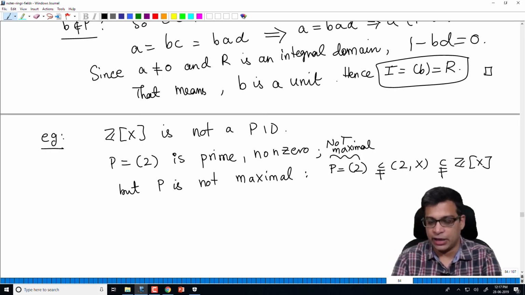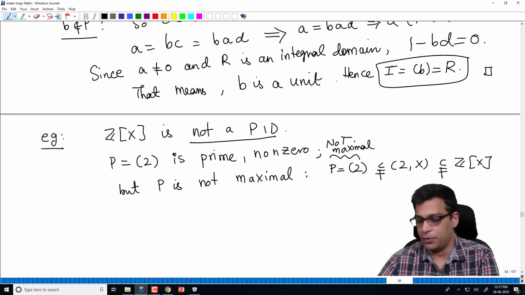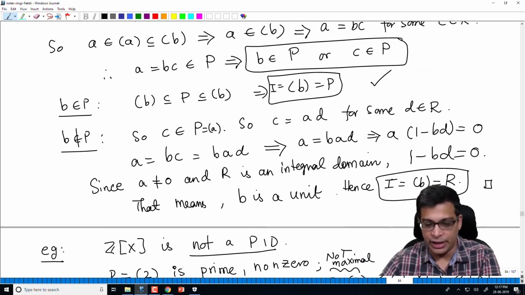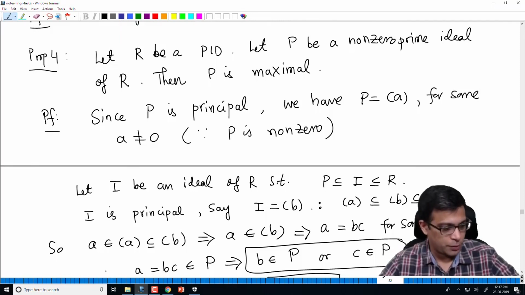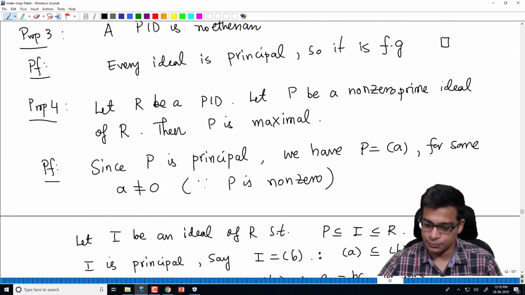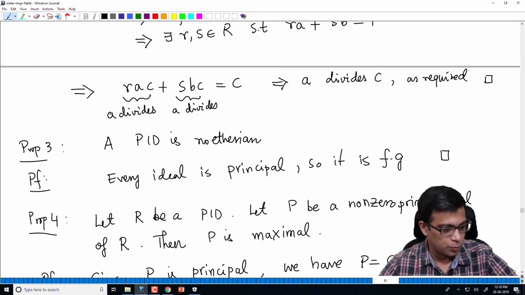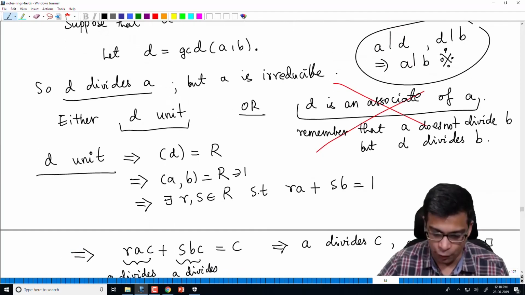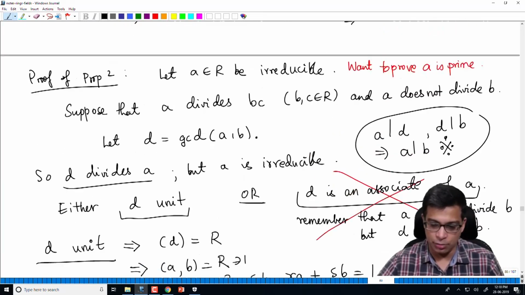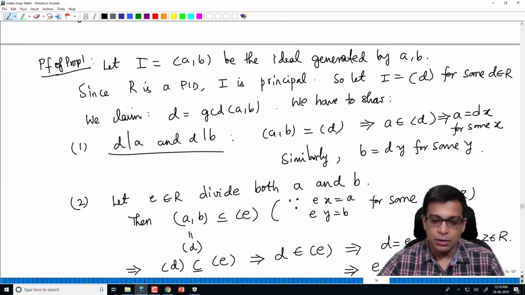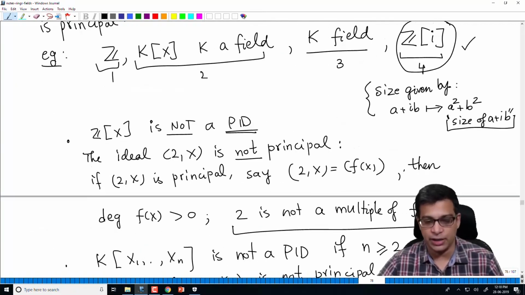So this again confirms that Zx is not a PID, because in a PID we have shown that every non-zero prime ideal is maximal. These are some of the properties of PIDs, and in future videos we will talk more about this. Just to recap: PIDs are rings where every ideal is principal.